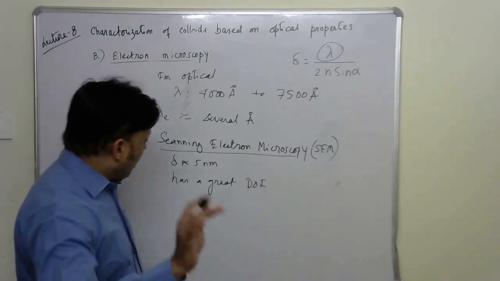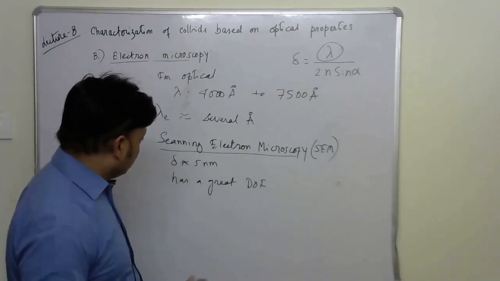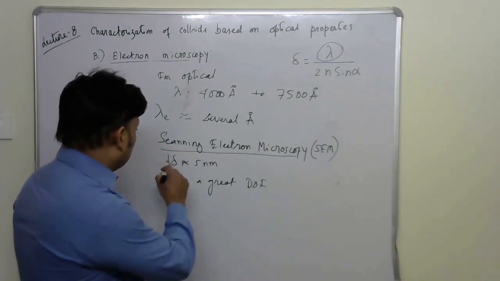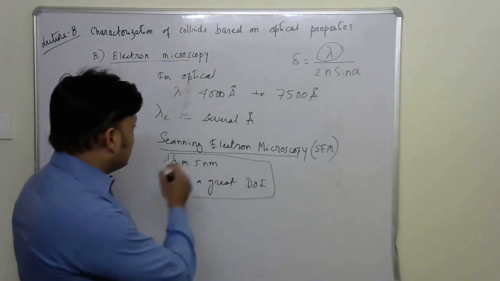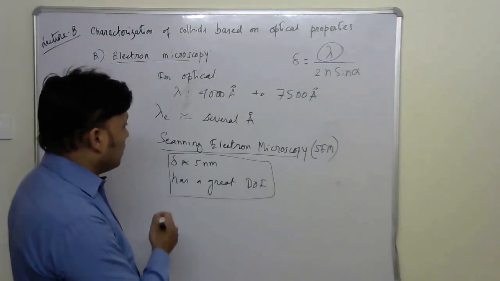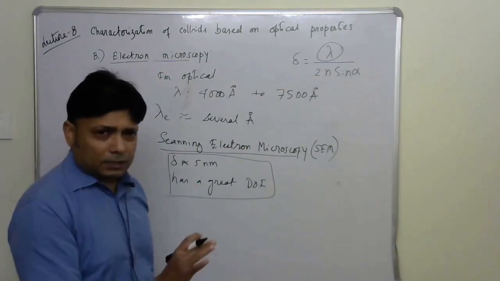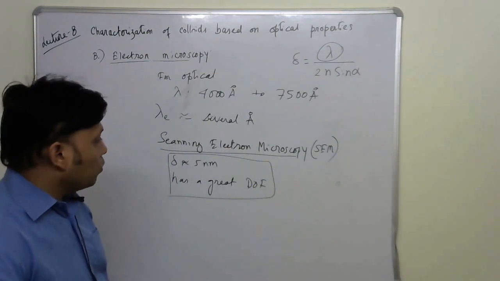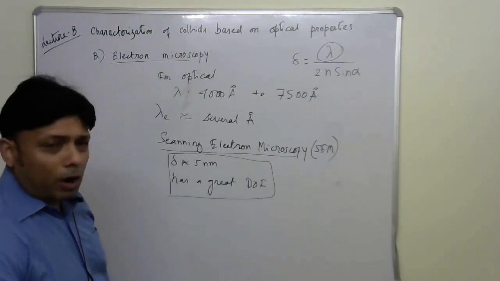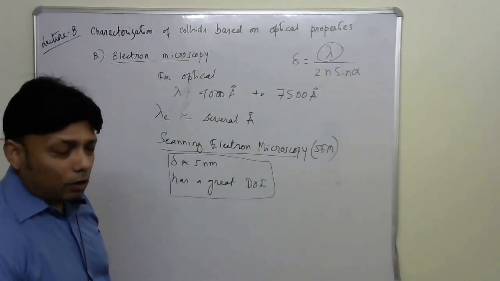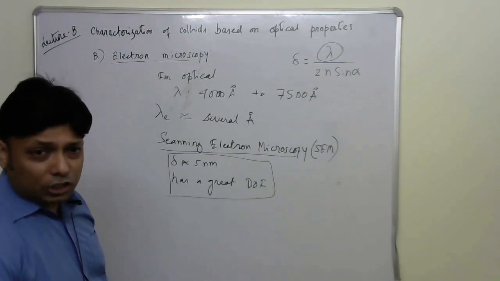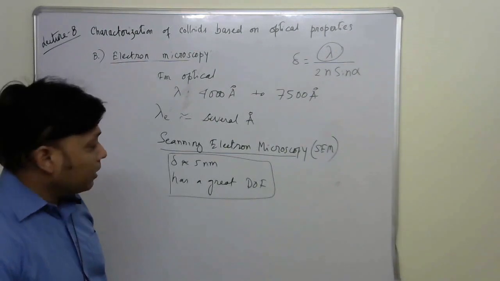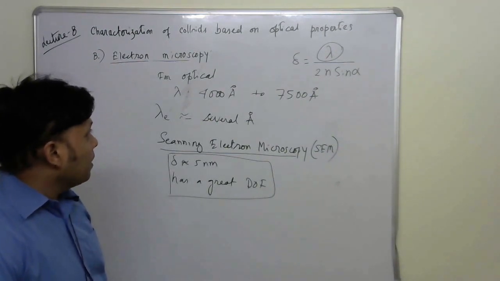Anyway, we will come to those things later. So overall, scanning electron microscopy gives us a very good way to understand the particle morphology, not only size, but shape, and the surface roughness, etc.